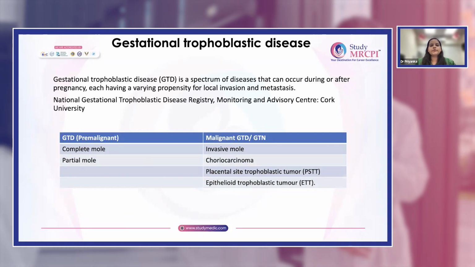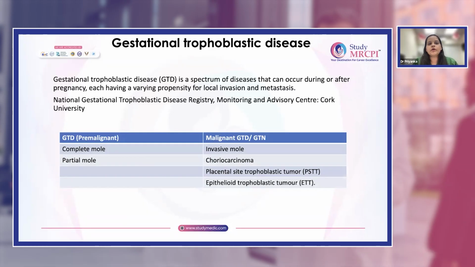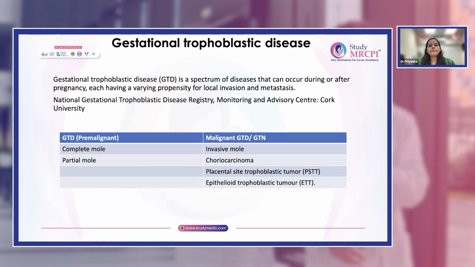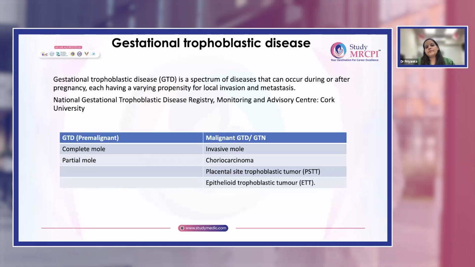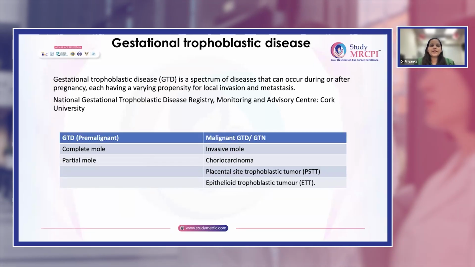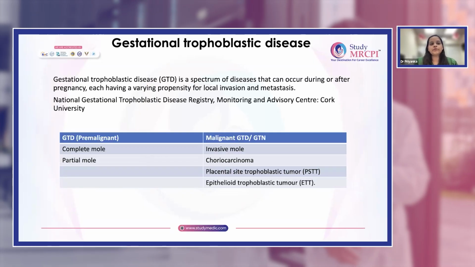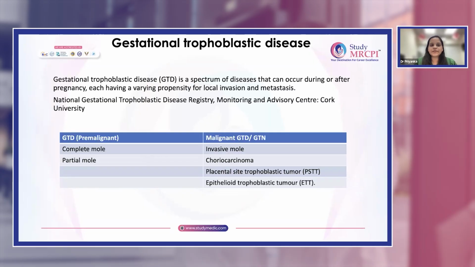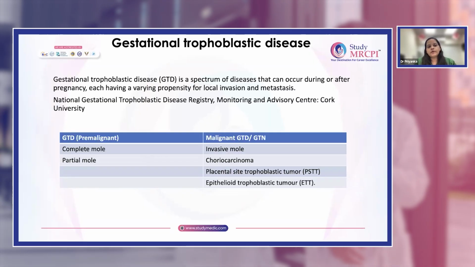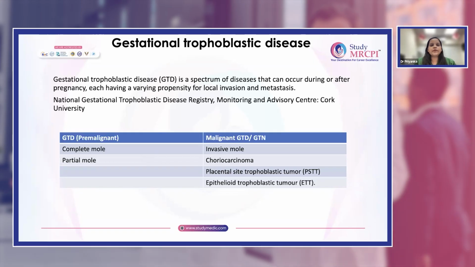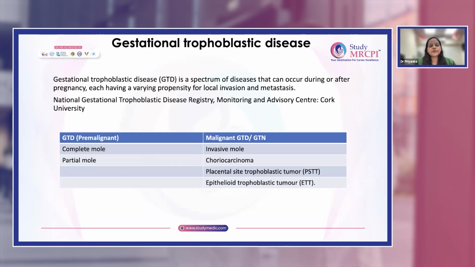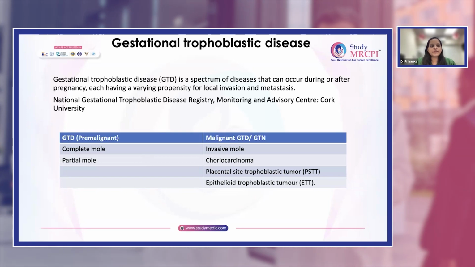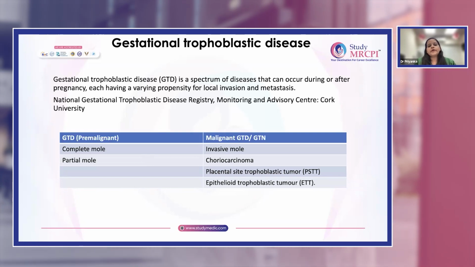The difference is that a complete mole has no coexisting twin, and the genetic material is from only one side of the parent, whereas in a partial mole there is a coexisting twin. So the karyotype is different. It will be 46 XX or XY for a complete mole, and for a partial mole it can be XXY or XXX.